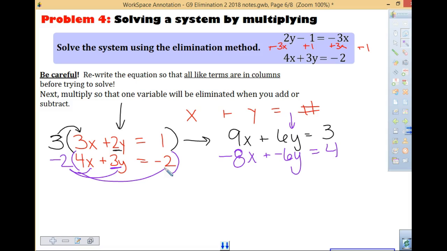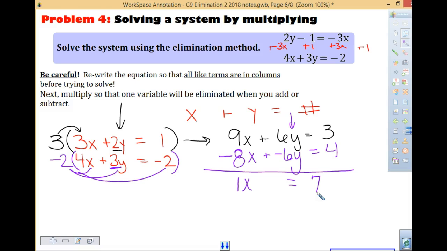5. So can we add them up now? If we start adding, 9x minus 8x gives us 1x, we like that. 3 plus 4 gives us 7. As I am looking at that one, I now want to go back to our originals up here. So Haley, if I'm looking at those originals, which one do you want to go with?